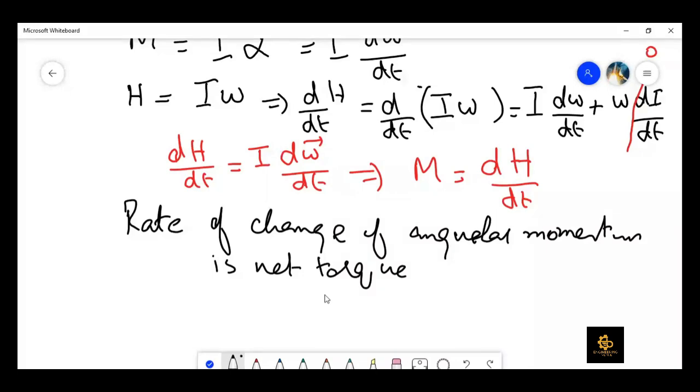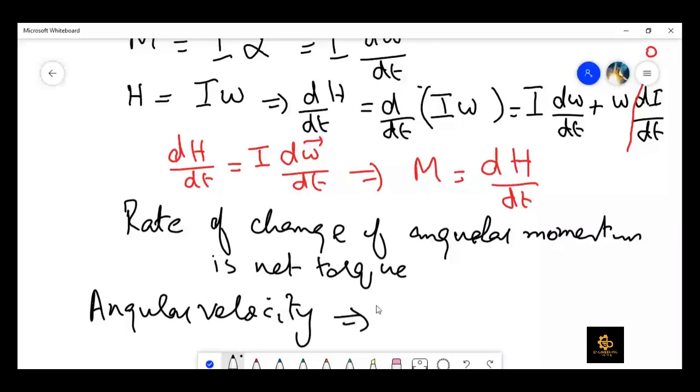Now, because we usually talk in terms of RPM, if you remember, if we want to show angular velocity, we say that it is in RPM, revolutions per minute, and in one revolution, if we talk in radians, it covers 2 pi radians.